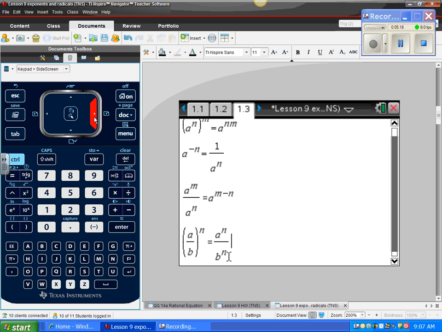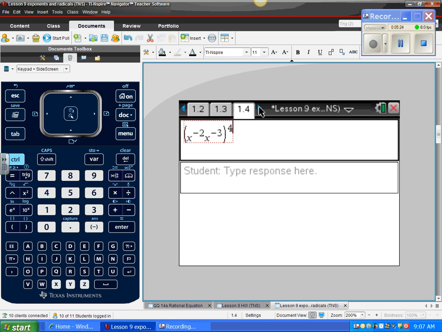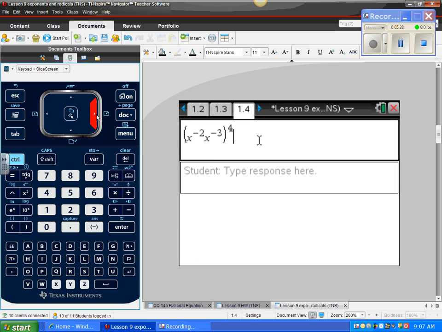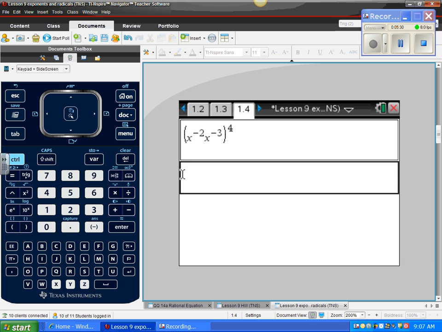All right, so do you remember most of these from ninth grade? Yeah? Okay. So let's work with them a little bit. Here's my first one. X to the negative 2 times x to the negative 3, all raised to the 4th power. Now, when we're dealing with these expressions, it's important that we use order of operations. So, what are we going to deal with first?